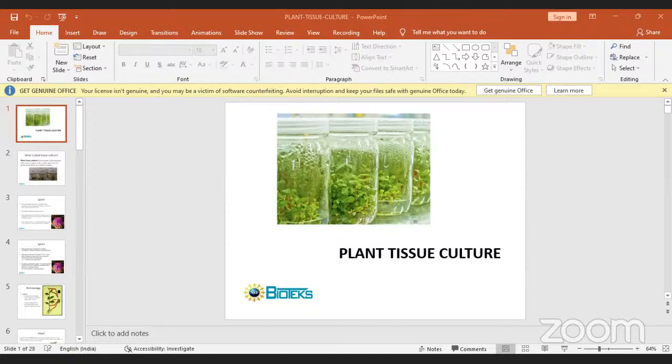In preparing the MS medium, dip the apical tip and put it on the MS medium, then incubate the culture for 16 hours at 25 degrees Celsius under fluorescent light. Then initiation of root development occurs. After development of roots, the plant is transferred to pots.